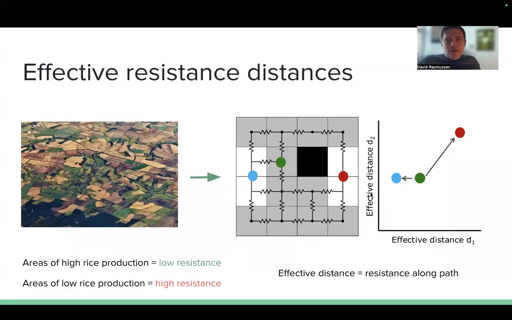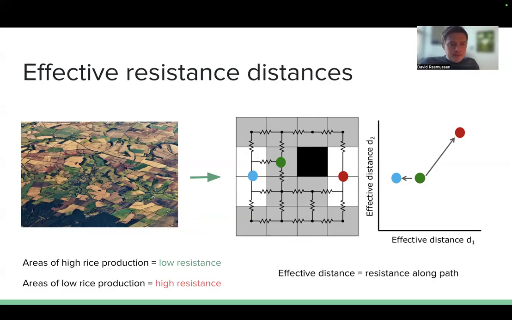So to more definitively quantify this result, Trovão et al. also thought about how they could take distances, but instead of thinking about distances between different locations as standard geographic distances, they were also thinking about distances in this sort of effective space, with this idea of using effective distances, where locations that are better connected through trade routes or through agricultural connectivity would have shorter effective distances between them.